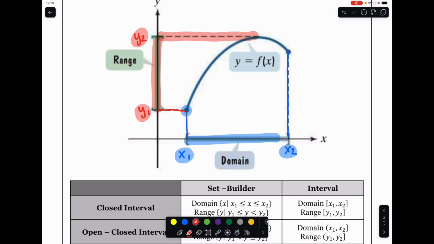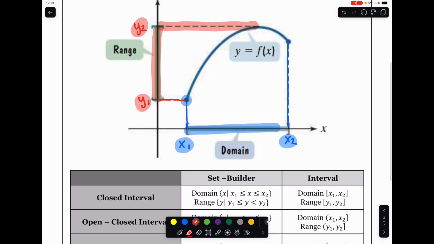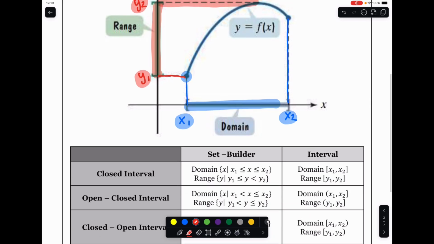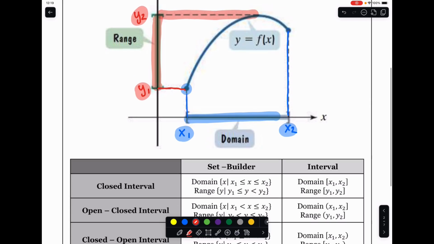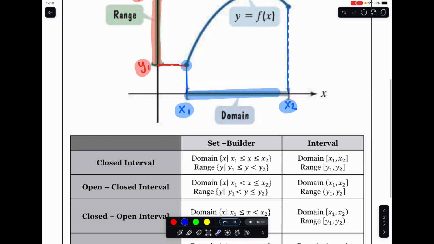Now, to express our domain and range using interval notation, we just simply again follow the strategy and the technique and the proper format for intervals. So since our lowest value on our domain is the one on the left, x1, and the highest value is x2, we would write it again in that order, separated by a comma.